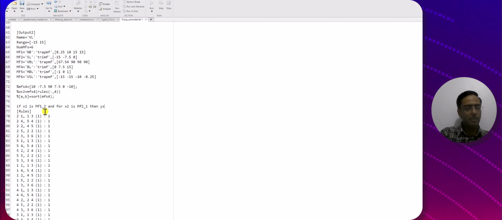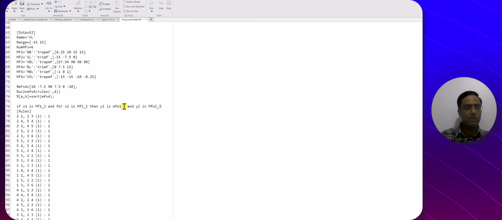The first output, MF output 1, is fired, and for the second output, as you see here, the third membership function is fired. So we're going to extract this information and write it in our code.